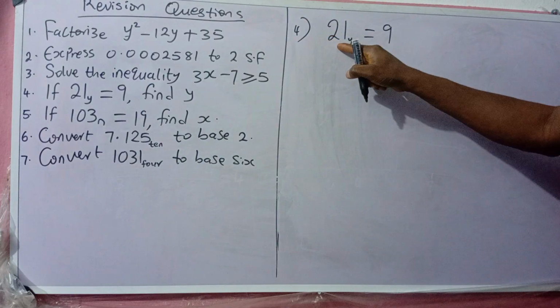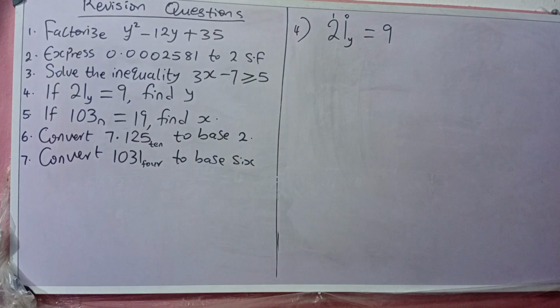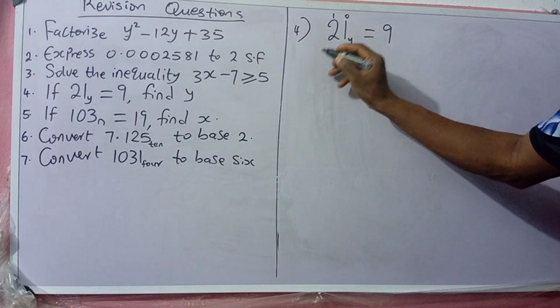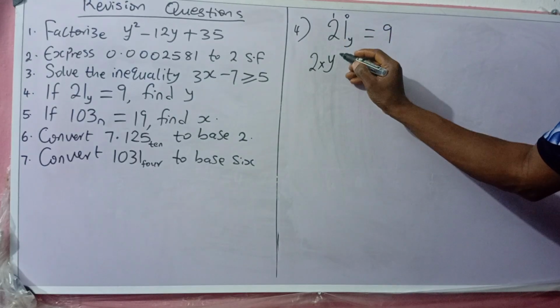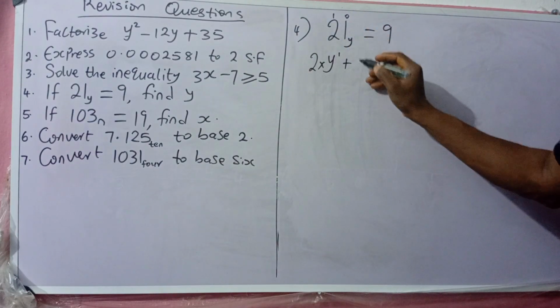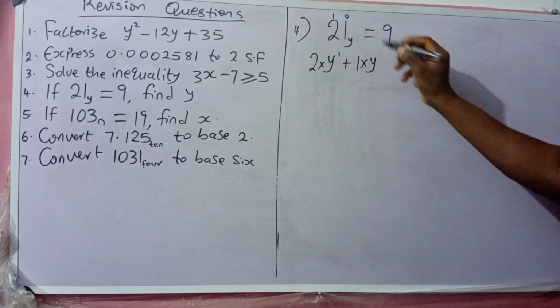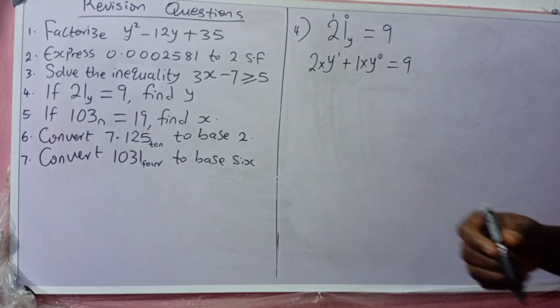So converting this to base 10, we call this 0, call this 1. The next thing we have to do is to convert this to base 10. That is by saying 2 multiplied by the base raised to power 1 plus 1 multiplied by the base raised to power 0 is equal to 9. Recall, 9 is already in base 10.